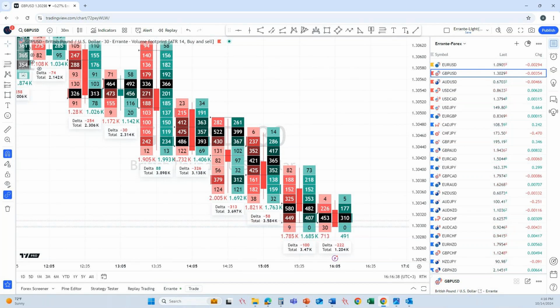Let's see how we should interpret these specific price levels. This means there was significant selling pressure when we see, for example, a bid volume of 421. Yeah, this means there was significant selling pressure at this price level as 421 contracts were traded at the bid price, and this could indicate the sellers are strong at this level, potentially acting as resistance.